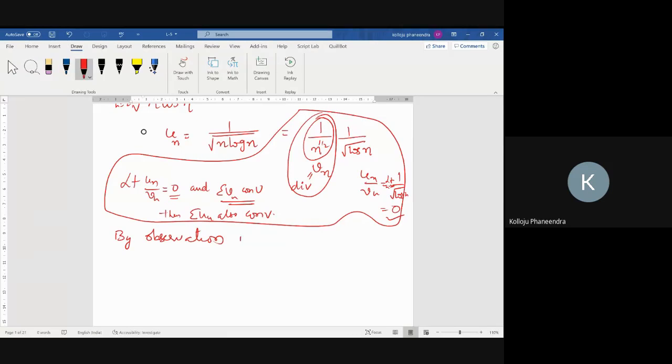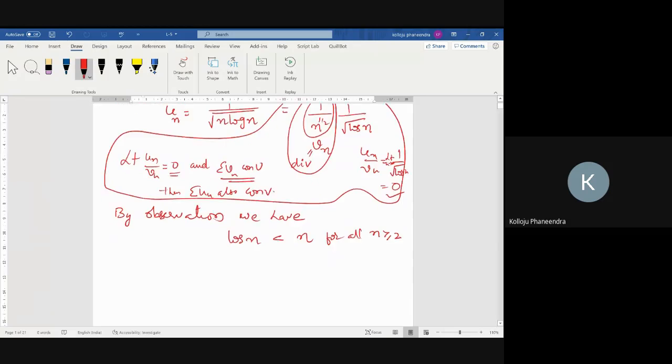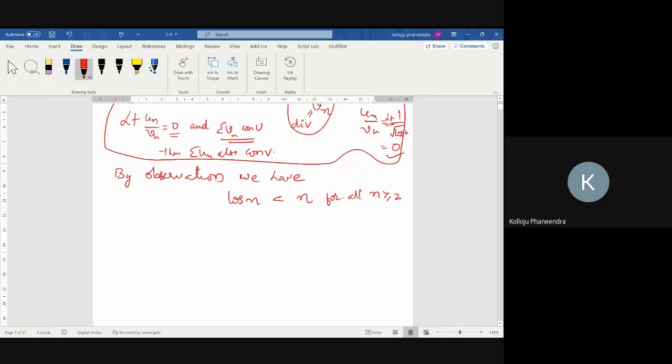Now by observation we have, see, one can write log n is always less than n for all n greater than or equal to 2, right? This implies under root log n is also less than under root n for all n greater than or equal to 2.